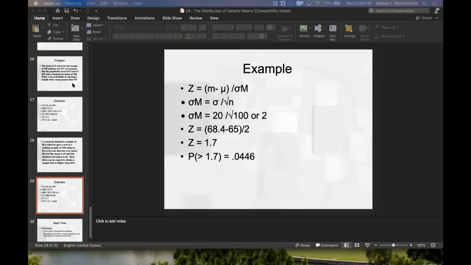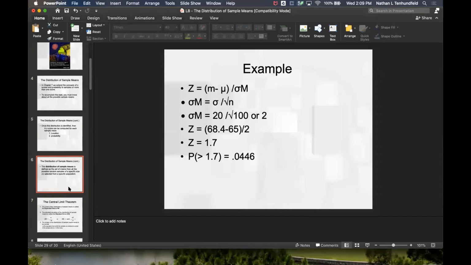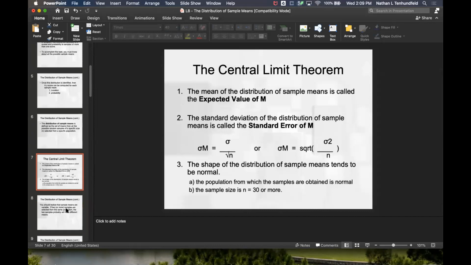Can you go back to the definition of standard error? I mean, just what it means conceptually. Yeah, absolutely. Let me pull up the slides here. Yeah, there we go. So again, it is just that standard deviation of the distribution of sample means. So you have your population, you pull out 25 people, you get their mean, you put them back in. You pull out another 25 people, you get their mean, you put it back in. And you do that a whole bunch, and you plot each one of those means that you get.